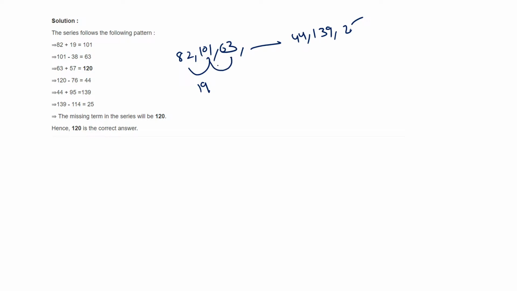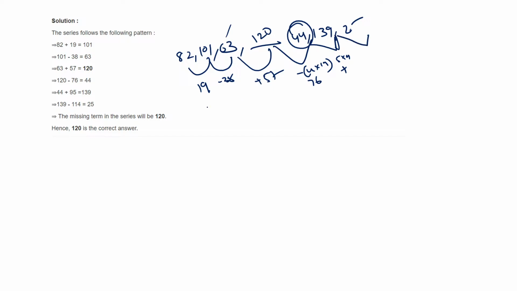Then you subtract 38, so 101 minus 38 is 63, it's matching. Then you add 3 19s, which is 57, so 63 plus 57 is 120. Next, minus 4 times of 19, that is minus 76, so 120 minus 76 is 44, right? Then plus 5 times of 19, then minus 6 times.